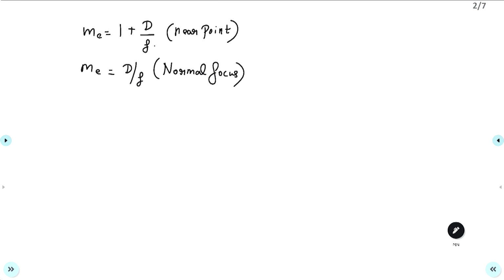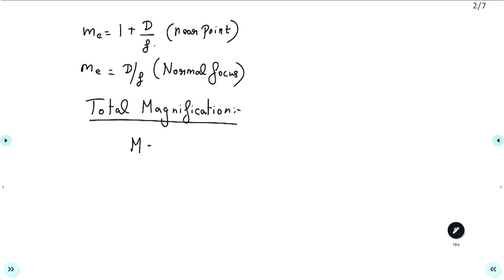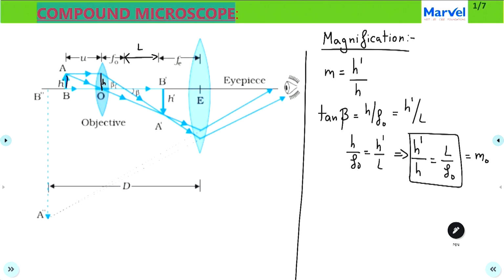So the overall magnification, the total magnification, is given as capital M is equal to M naught into M E, which is equal to, what is M naught over here?